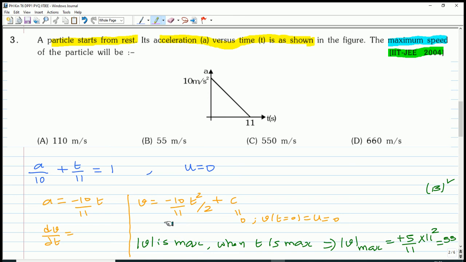So the velocity is only this term. And the speed is magnitude of velocity, so the minus sign will go. So this magnitude of the velocity will be more whenever t is maximum. The maximum value of time from the information that's given is 11 seconds. So if you put this value of t, we get the value of maximum speed as 55. The correct option is option B.